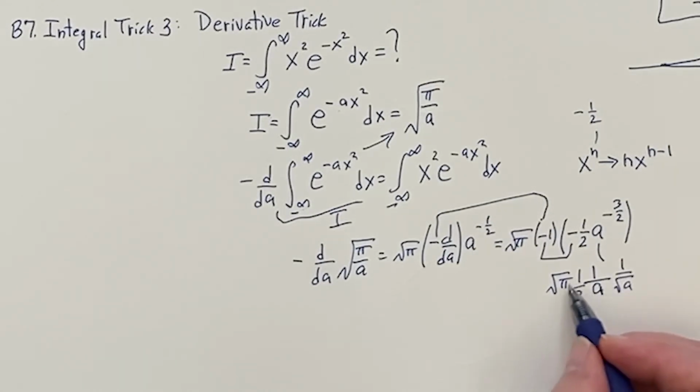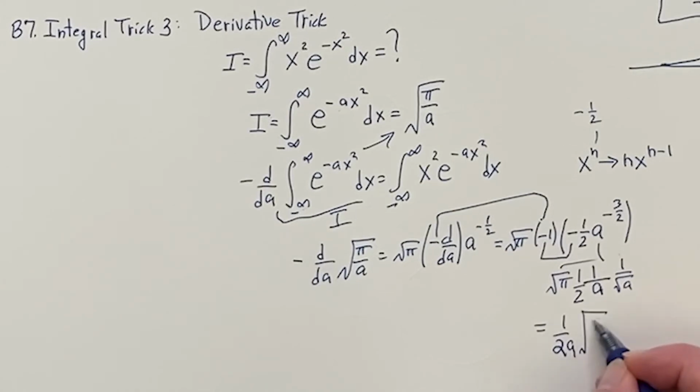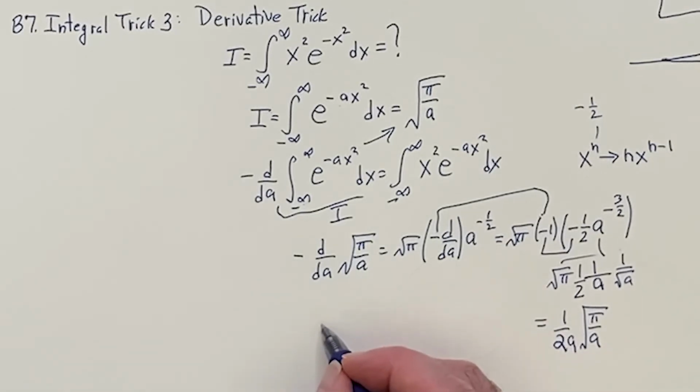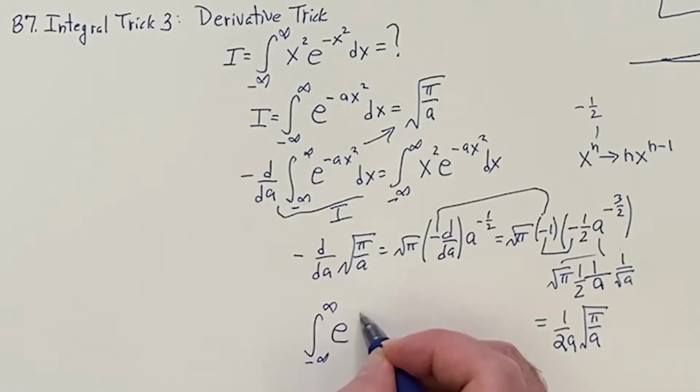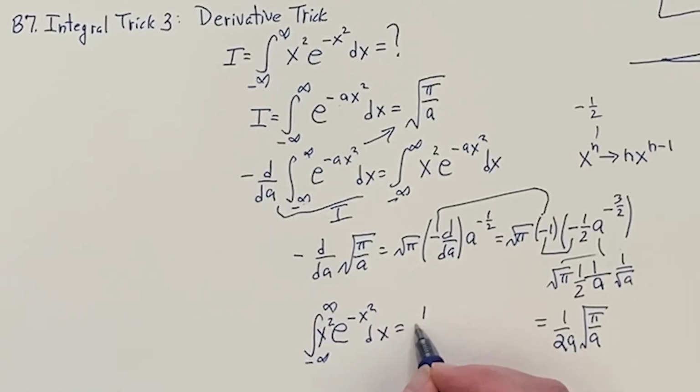So the answer is going to be 1 over 2a square root of pi over a. So all I have to do at the end is let a equal 1, and then I'll have, from minus infinity to plus infinity, e to the minus x squared dx will be equal to 1/2 square root of pi. So it's a square root of pi over 2.